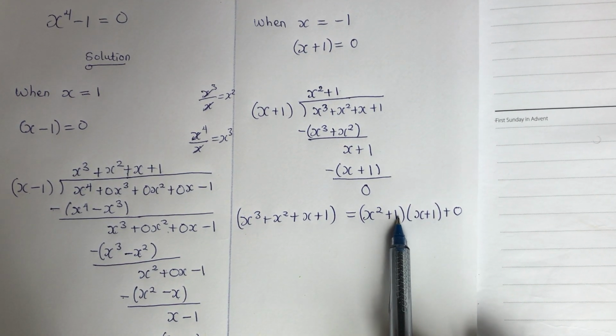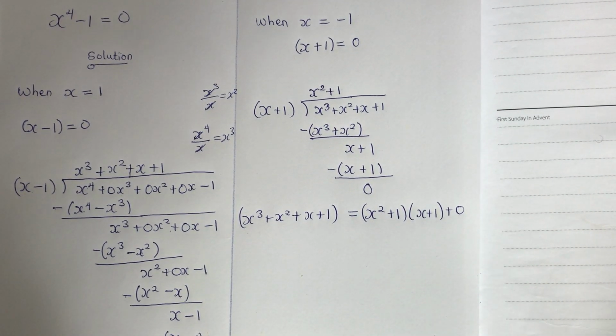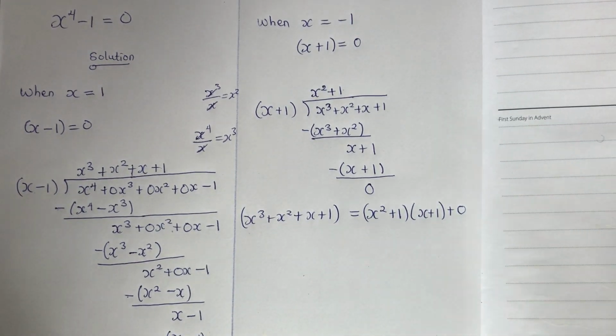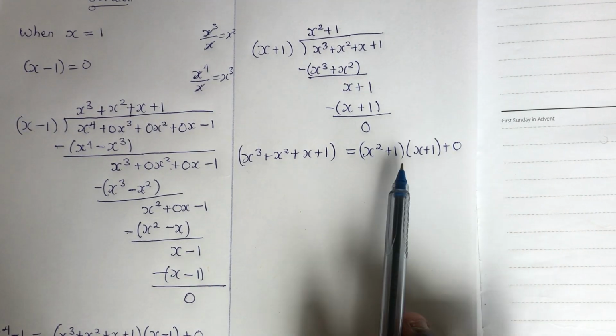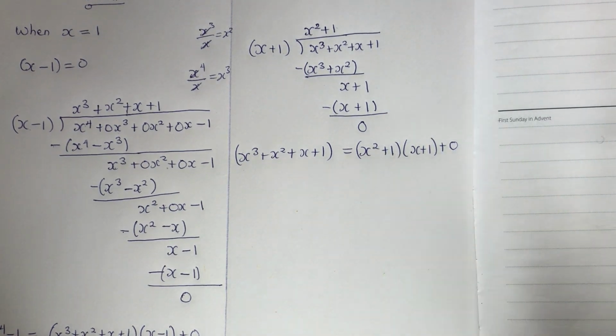But x squared plus 1 is a quadratic equation. We need to use the quadratic formula to solve it. Then generate the roots of this one, add them to this, and then the previous one that we had, which is negative 1. Now in our final step, we are going to consider only the quotient x squared plus 1 because we are not done.